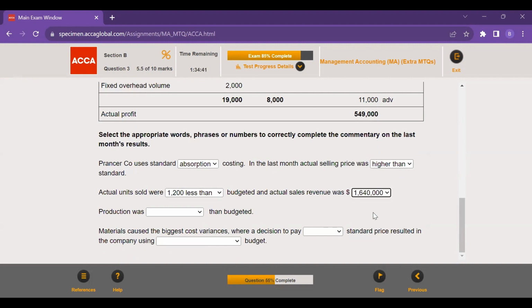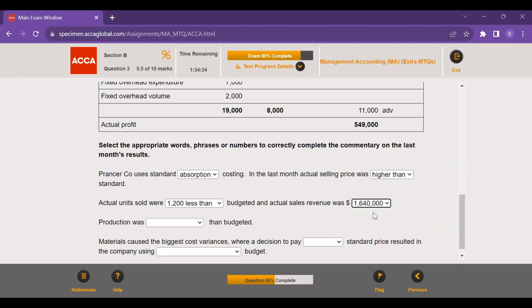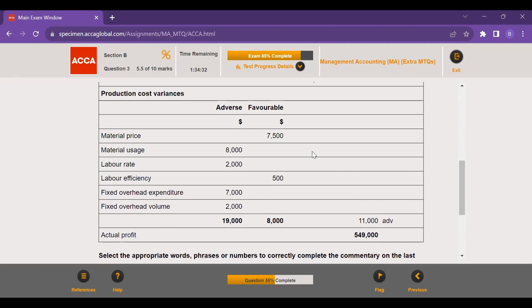Right. Now production was dash than budgeted. Okay, let's have a look at the variances again. The material price variance that we have over here is favorable.